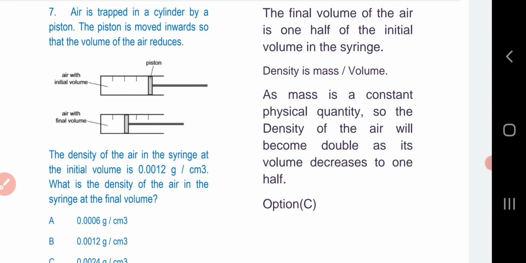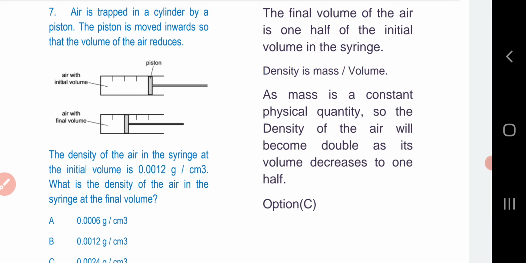Okay, the answer is the final volume of the air is 1/2 of the initial volume in the syringe, as can be seen from the figure. We know that density is mass per unit volume, and we also know that mass is a constant physical quantity. So the density of the air is inversely proportional to the volume.